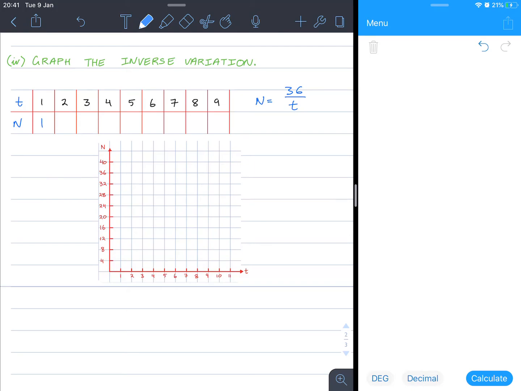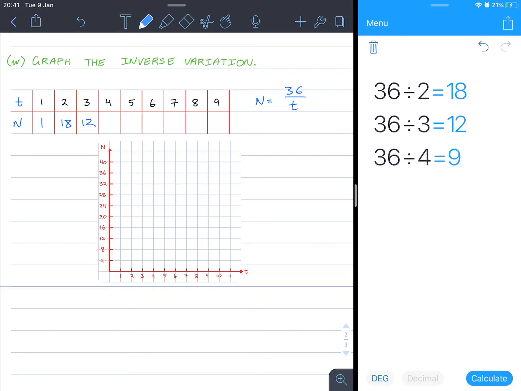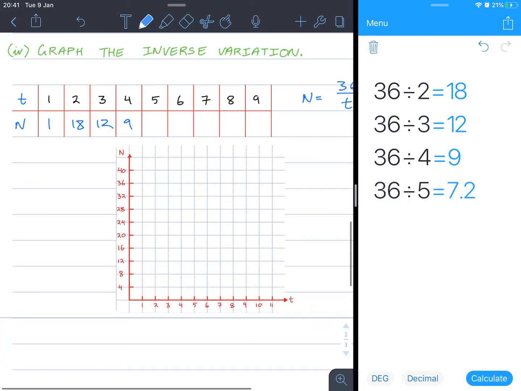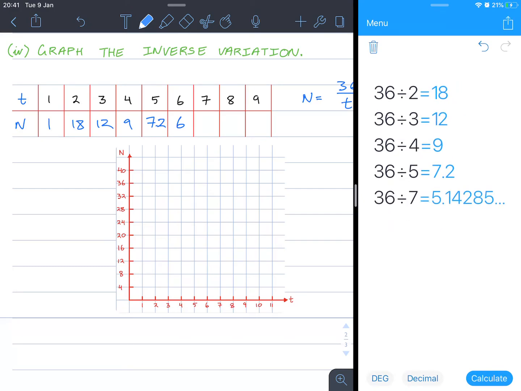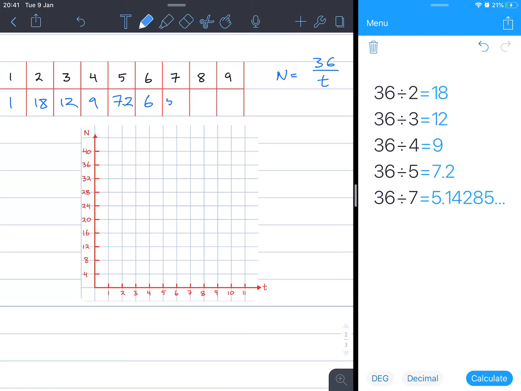Next one is 36 divided by 2, which gives us 18. 36 divided by 3 is 12. 36 divided by 4 is 9. 36 divided by 5 is 7.2. 36 divided by 6 is 6. 36 divided by 7 is 5.14, close enough. 36 divided by 8 is 4.5.